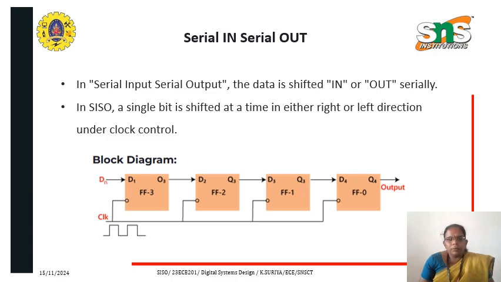The D3 input of the third flip-flop, that is flip-flop 3, is directly connected to the serial data input. The output Y3 is passed to the data input D2 of the next flip-flop. This process remains the same for the remaining flip-flops. So the block diagram of a serial in, serial out shift register is shown in the figure.